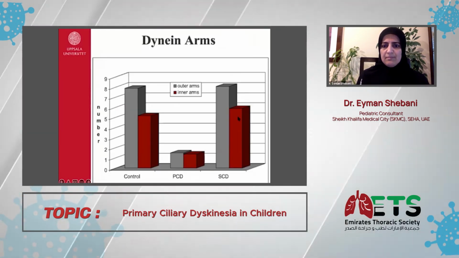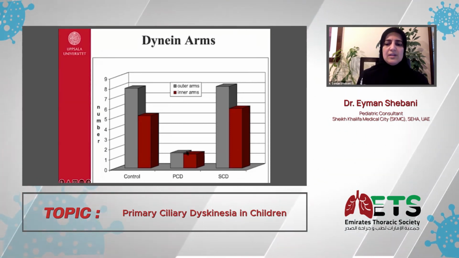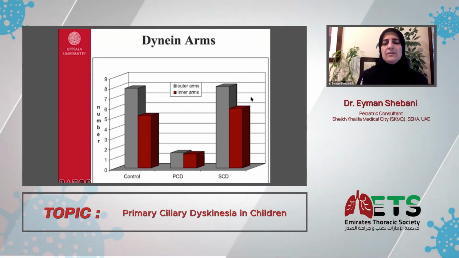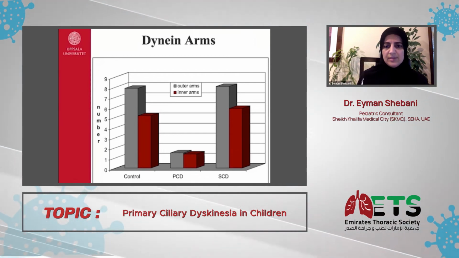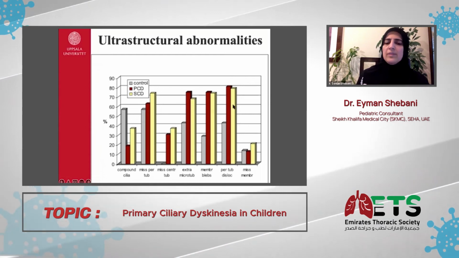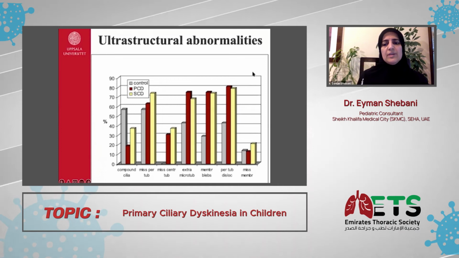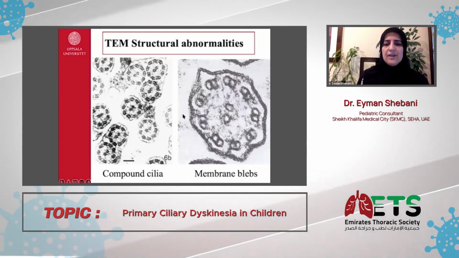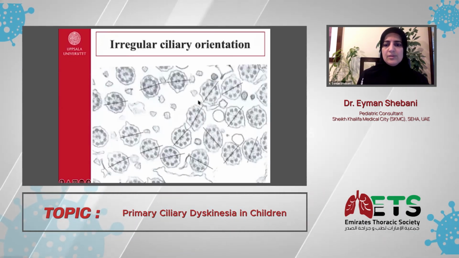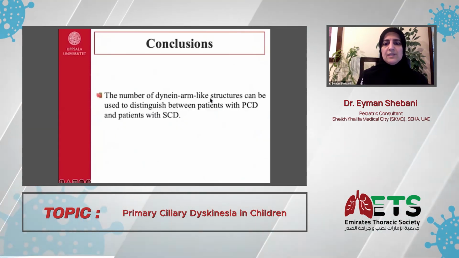This was a statistically very significant finding for differentiating primary from secondary ciliary dyskinesia; the defect was mainly in the dynein arms. These were other ultrastructural abnormalities, but they weren't statistically significant to differentiate between primary and secondary. They were more common in secondary, all the different findings such as compound cilia, as you see here, or microtubule abnormalities, or the disorientation of the cilia, which leads to abnormal movement.